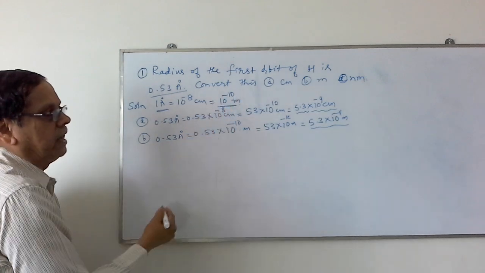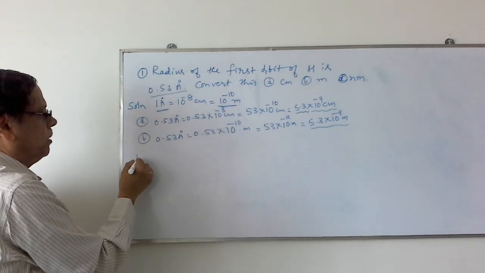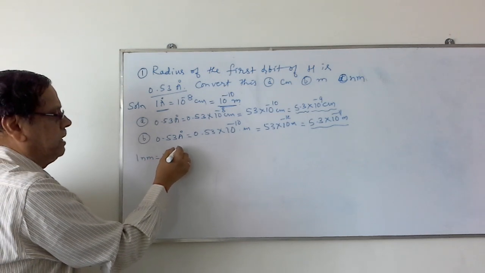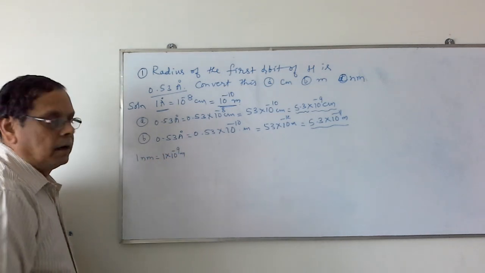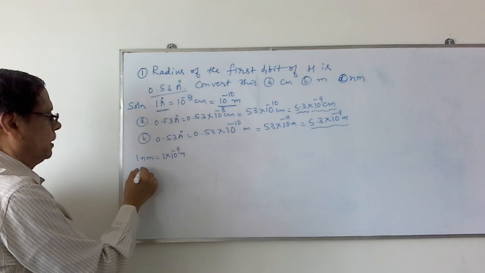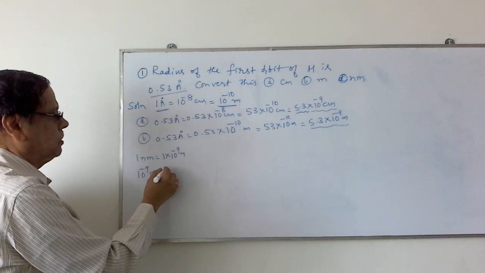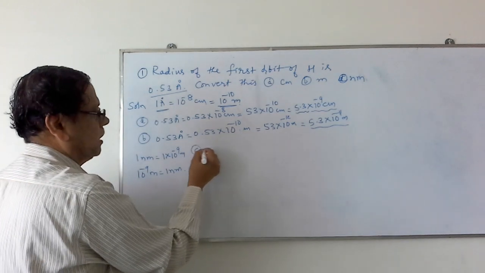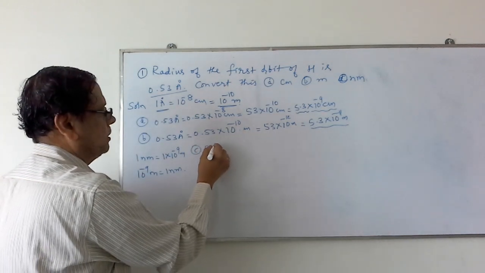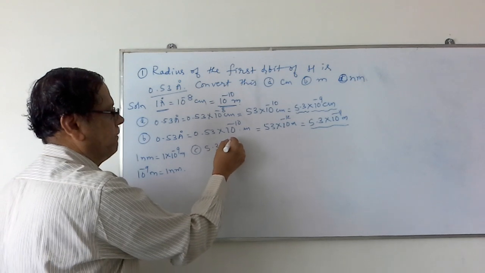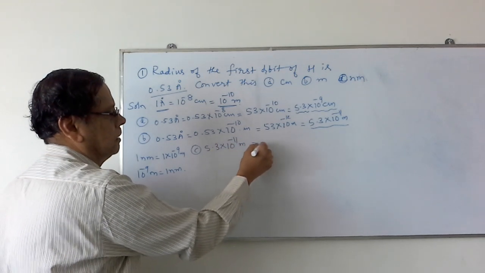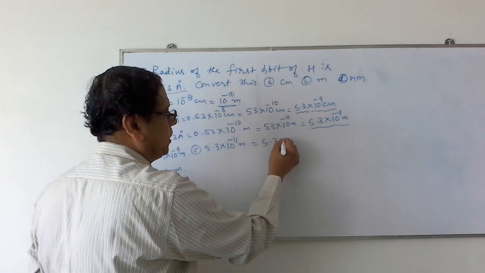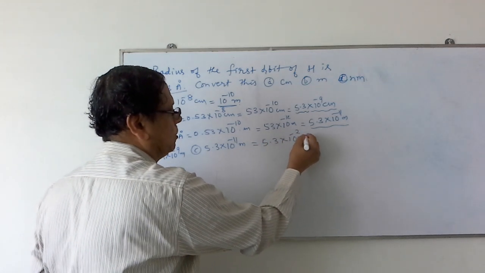Then to convert that to nanometer, 1 nanometer corresponds to 1 into 10 to the power minus 9 meter. Or in other words, 10 to the power minus 9 meter is equal to 1 nanometer. Therefore, in this third conversion, 5.3 into 10 to the power minus 11 meter is equal to 5.3 into 10 to the power minus 2 into 10 to the power minus 9.